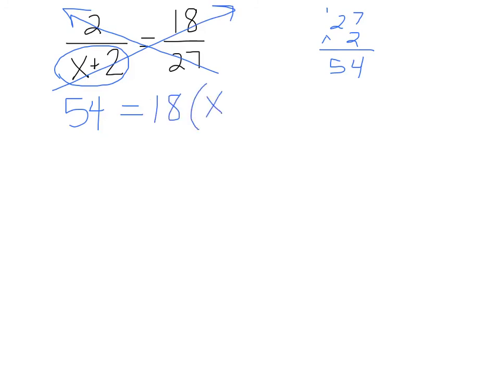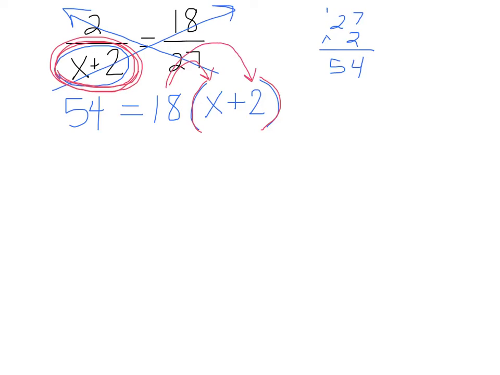This is really 18 times x plus 2. And this parenthesis is really important because remember, this guy is actually one number. It is something, and therefore we want to keep it together with those parentheses. But in order to solve it, we're now going to have to distribute our 18 to both compartments.